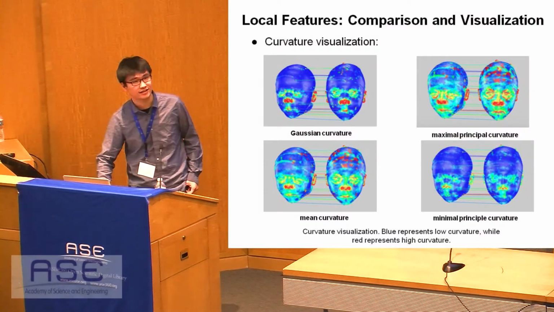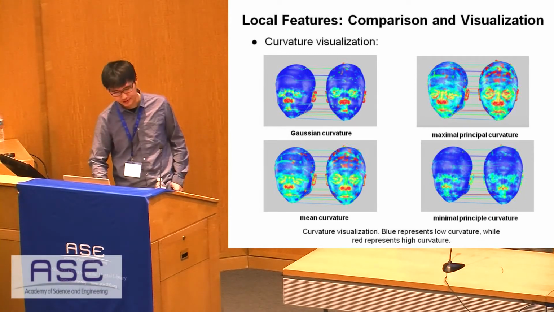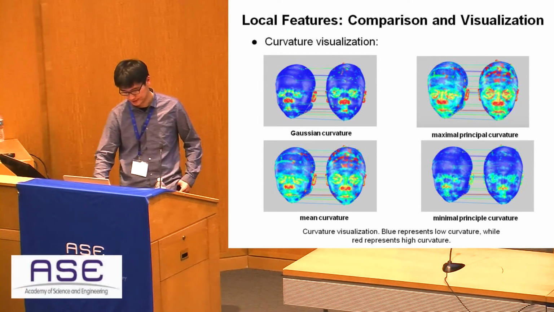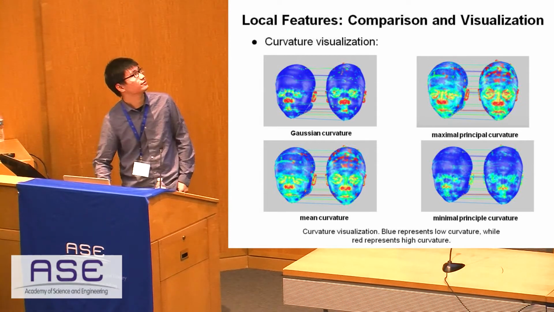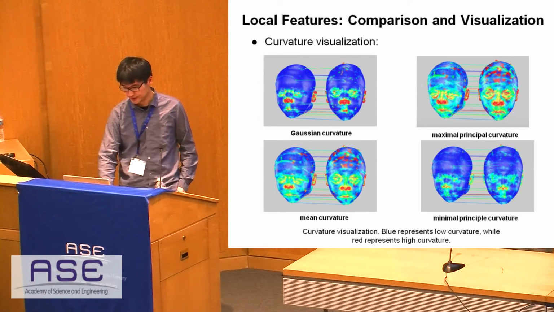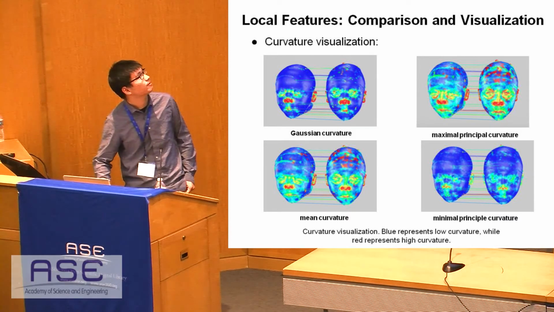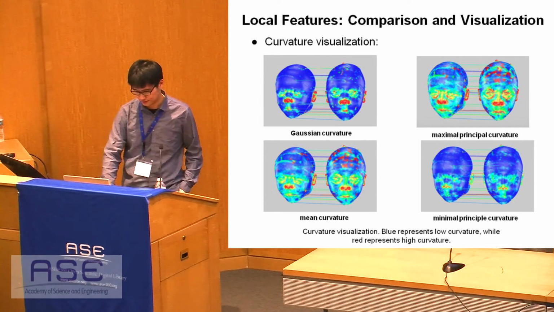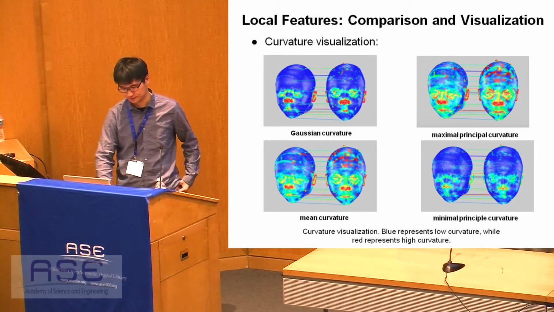So here is a visualization result of different kinds of curvature, and we use our defined color function to visualize the result on these registered surface pairs. In each graph, blue means a lower value of curvature, while red means a higher value of curvature.